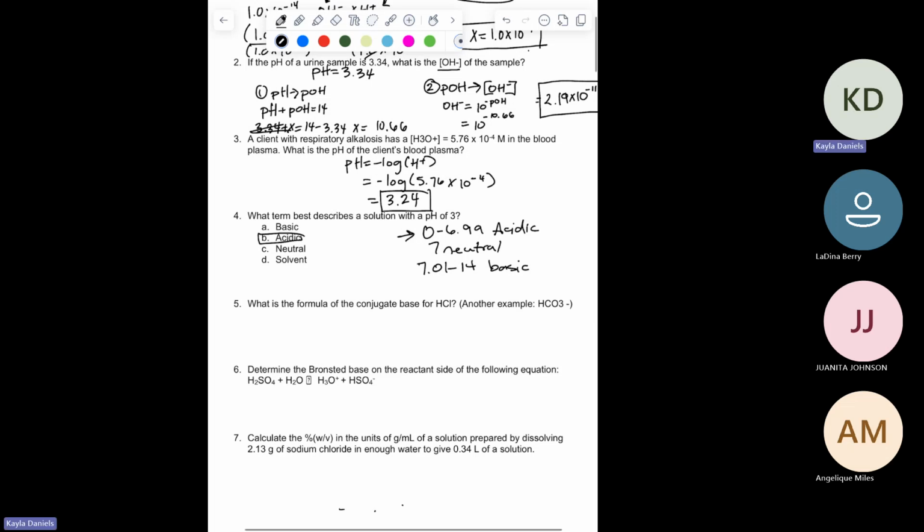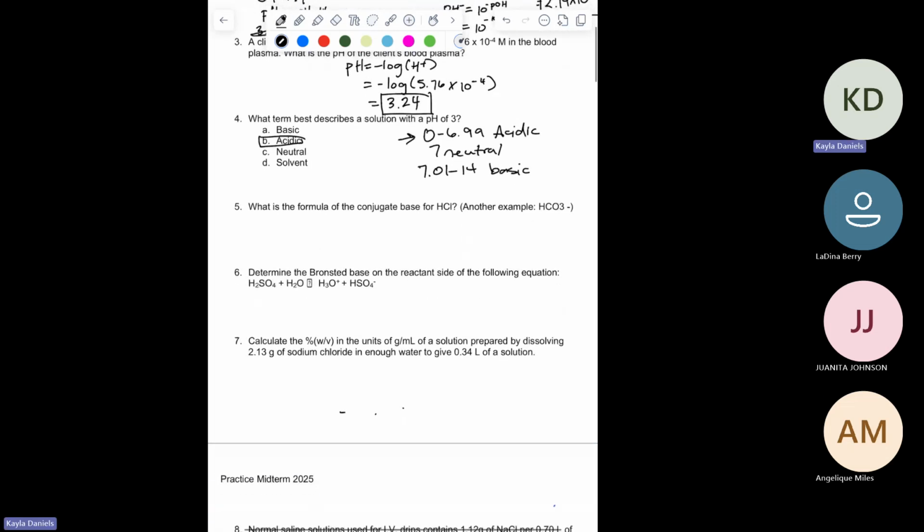What is the formula of the conjugate base? If they're asking for the conjugate base, they're telling us that right now this is acting as an acid. And when you're acting as an acid, you have a hydrogen that you can give up.